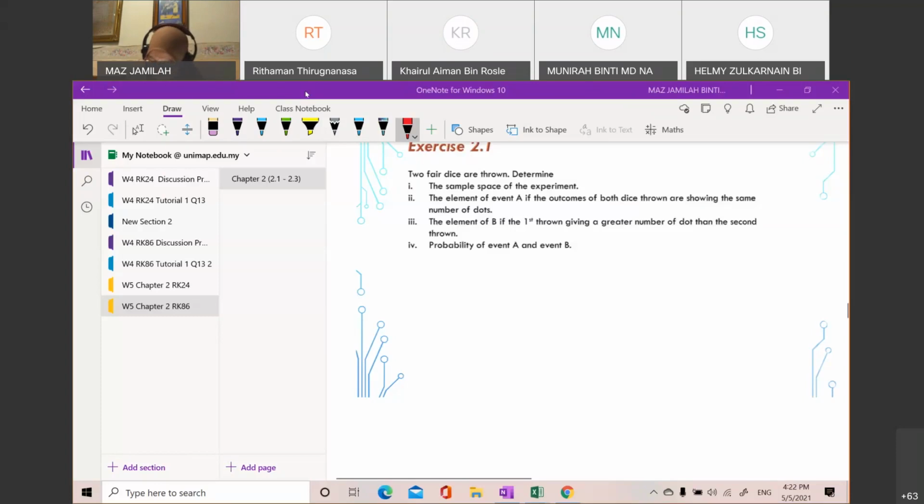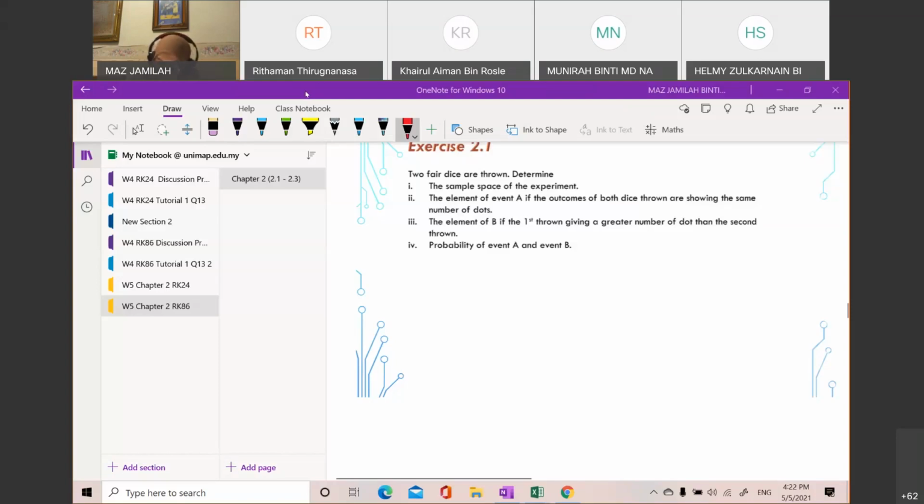Now, let's say you throw your die and you get 1. How many possibilities do you have for the second die to appear? It could be 1 dot, or 2 dots, or 3, or 4, 5, or 6 dots. So there would be different combinations of possibilities by having the second die.